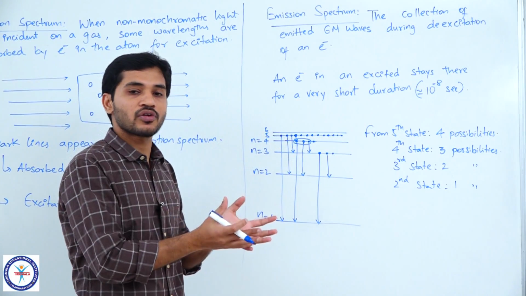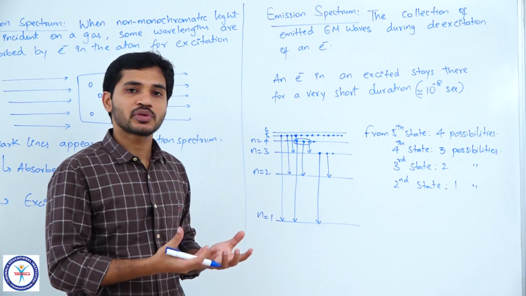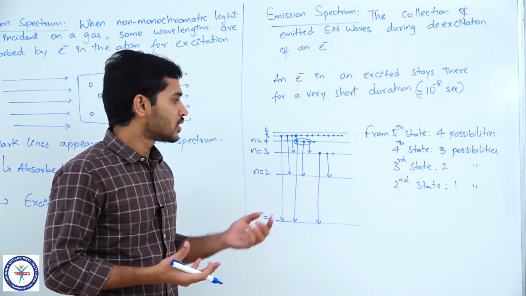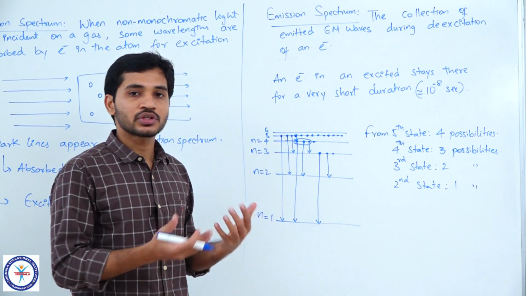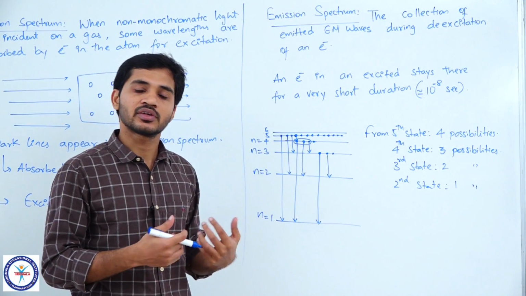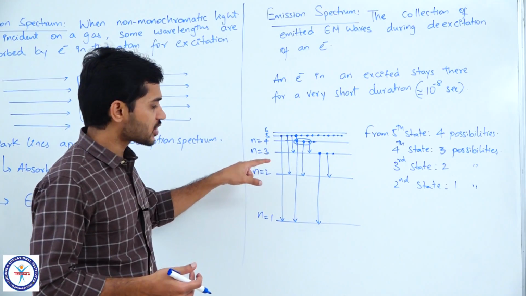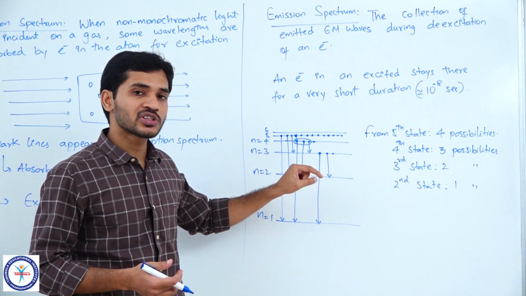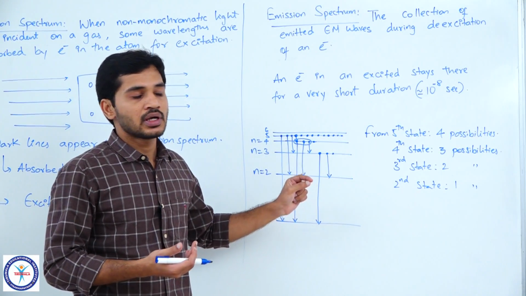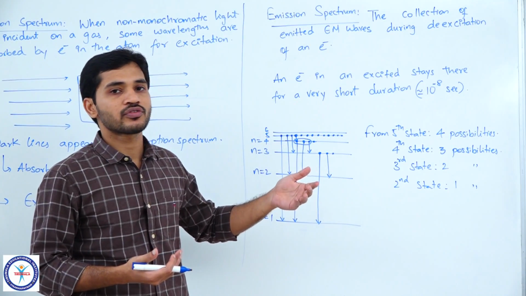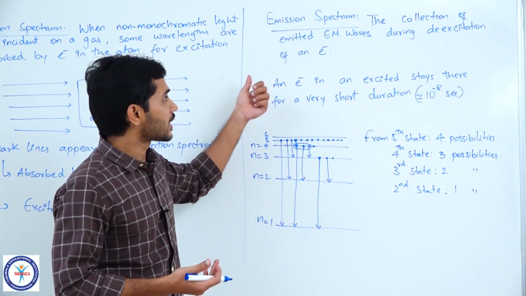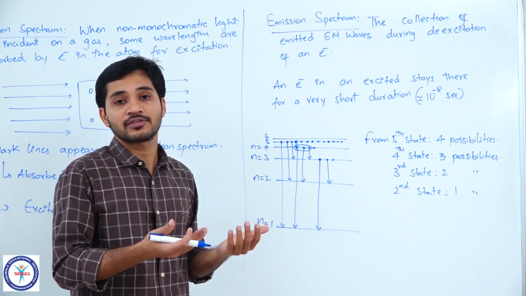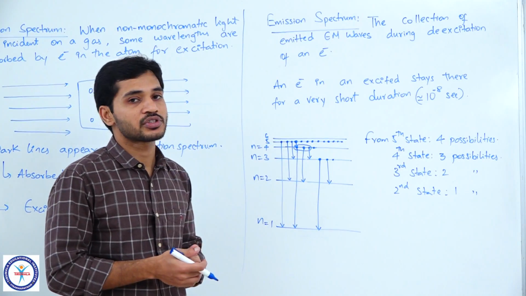We are taking a bulk of gas, which means there is a large number of atoms in that gas. If there is a possibility of something happening, we should consider that it will happen. So if I find out how many possible scenarios there are, that will be the number of distinct photons which I can observe in the emission spectrum.